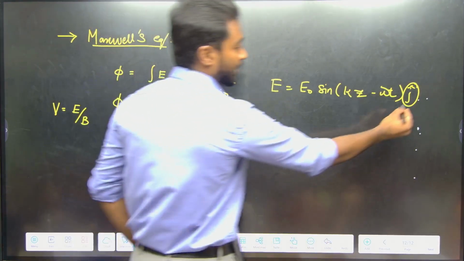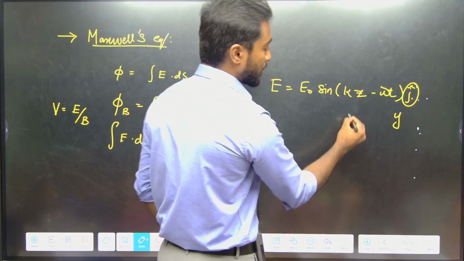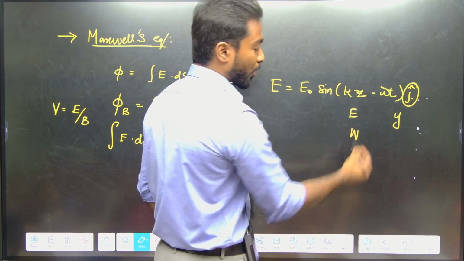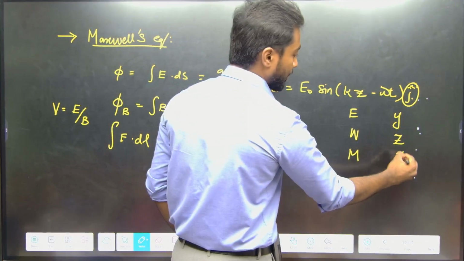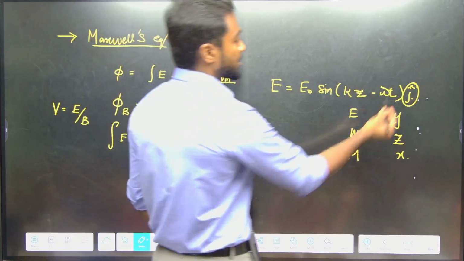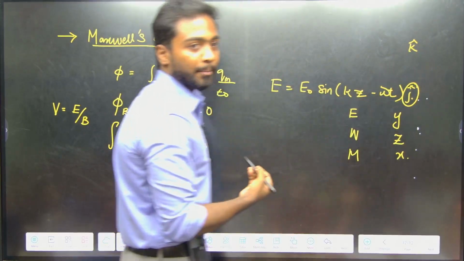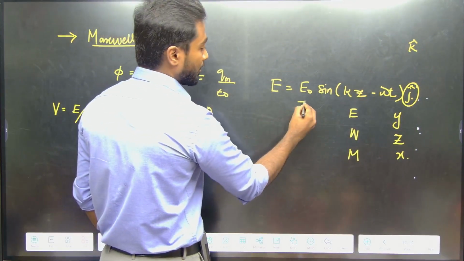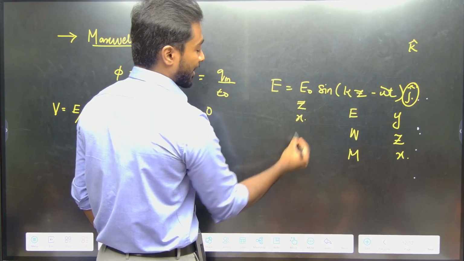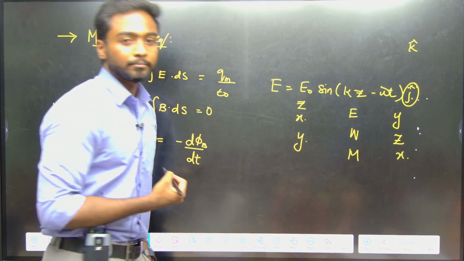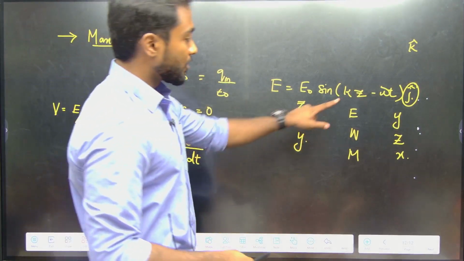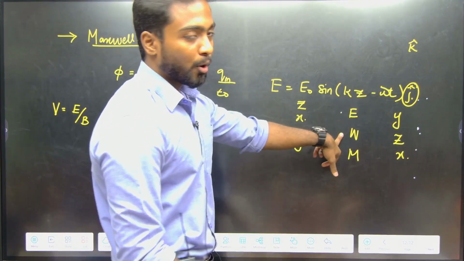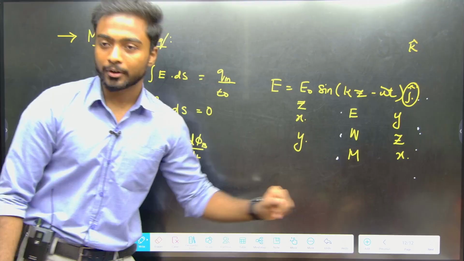We have started with y axis here, which means electric field. Next is wave propagation in z axis and magnetic field in x axis. Suppose the equation is given with k cap, then there is z axis, x axis and y axis. So you remember like this: first electric field, wave propagation, then magnetic field.